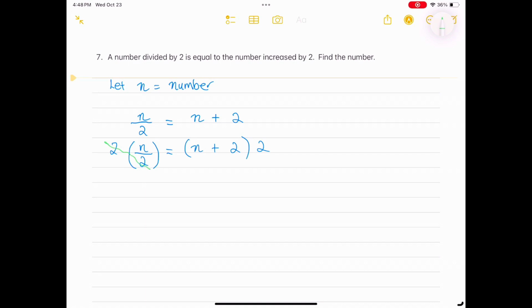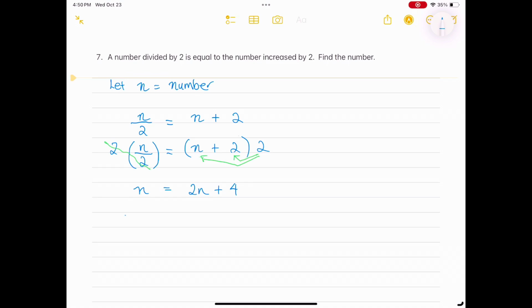On the left-hand side, the numerator and denominator cancel to leave n by itself, and on the right-hand side, we remove the parenthesis by using the distributive property, multiplying both terms within the parenthesis by 2. Which leaves us 2n plus 4. Now we bring the variables over to the left-hand side of the equation by subtracting 2n from both sides.